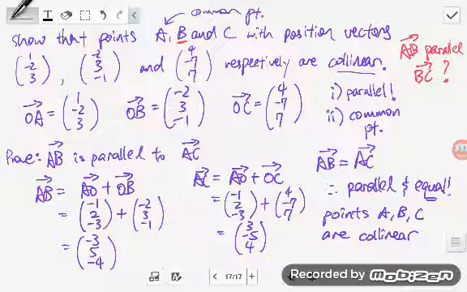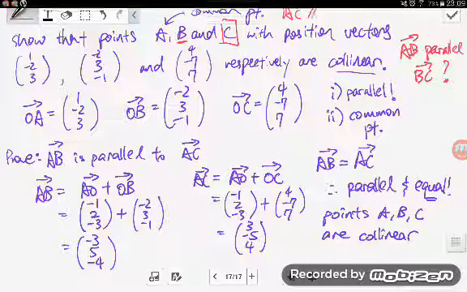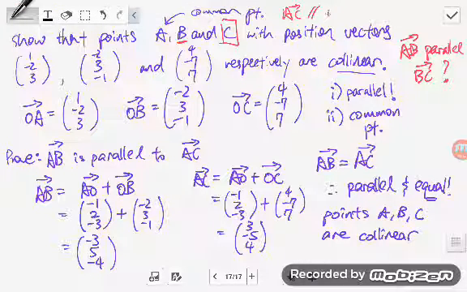Verify that, and then you can give point C a shot as the common point and verify if AC is parallel to BC. All right, I'll see you guys in the next video.